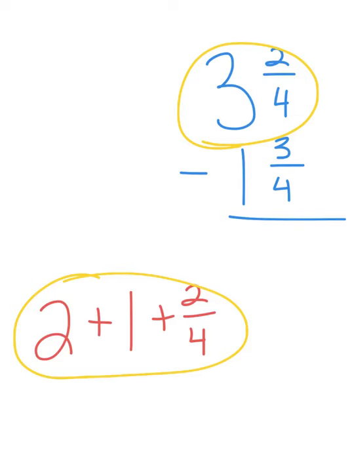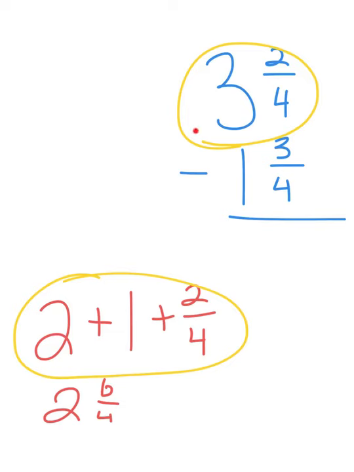And then I can recombine this and say that this is equal to 2 6/4, because 1 is the same thing as 4/4, so 4/4 plus 2/4 is 6/4. Right, so 3 2/4 is the same thing as 2 6/4.